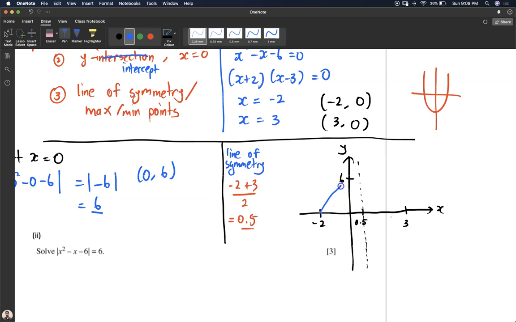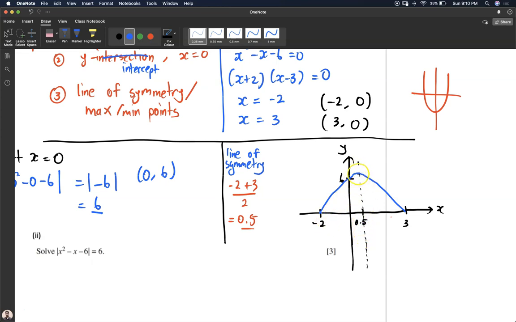I'm really bad at drawing, so please bear with me. Something like this, go up, and notice what I'm doing here. It should curve and tip the maximum point on the line of symmetry. The tip or the maximum point, the vertex, must be on the line of symmetry. That's one of the reasons why we found the line of symmetry, because we want that shape.